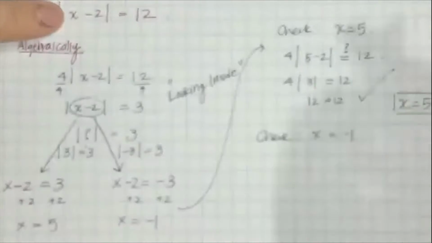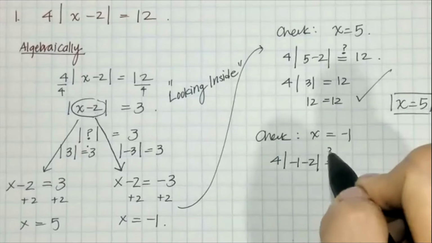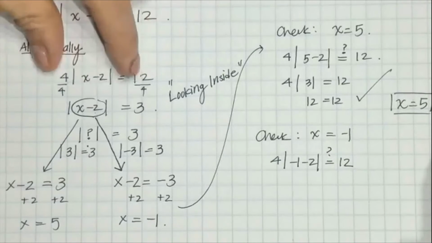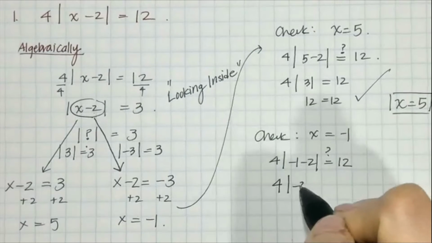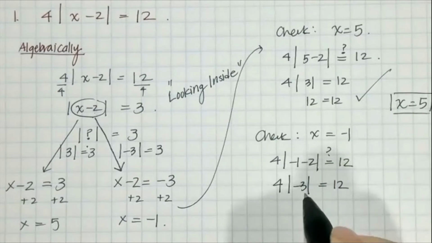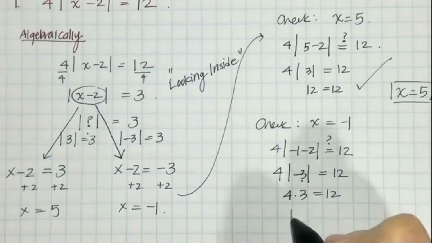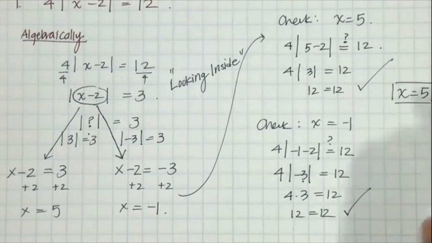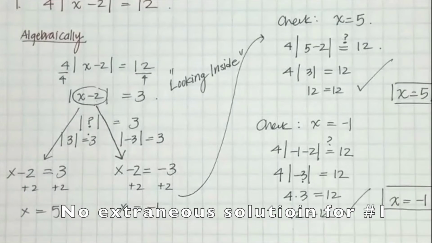Plug it into the equation. 4 times absolute value of negative 1 minus 2. Does that equal 12? Does this make the equation true? That's 4 times absolute value of negative 3, which makes it positive 3. And looks like that is also true. So x equals negative 1 is my second solution.